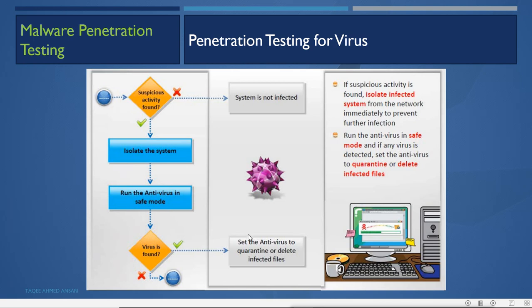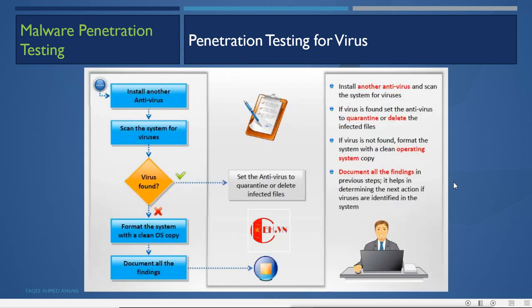Otherwise your system is okay. Then install another antivirus and scan the system. If viruses are found, format the system with a clean OS copy and document all findings. If a virus is not found, do this; and if a virus is found, set the antivirus to quarantine or delete infected files.